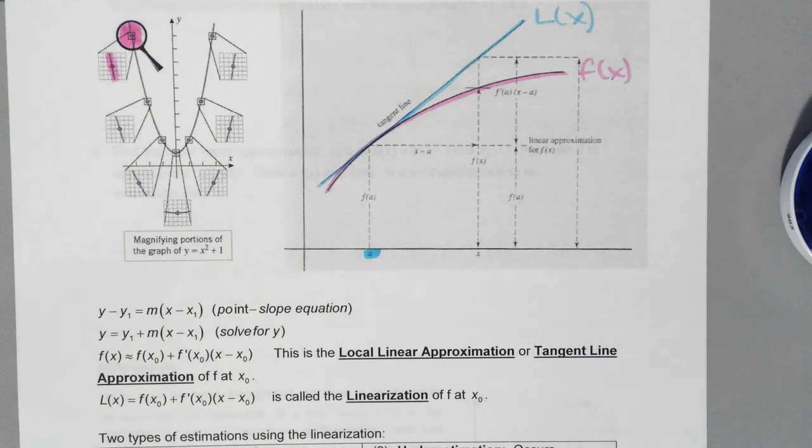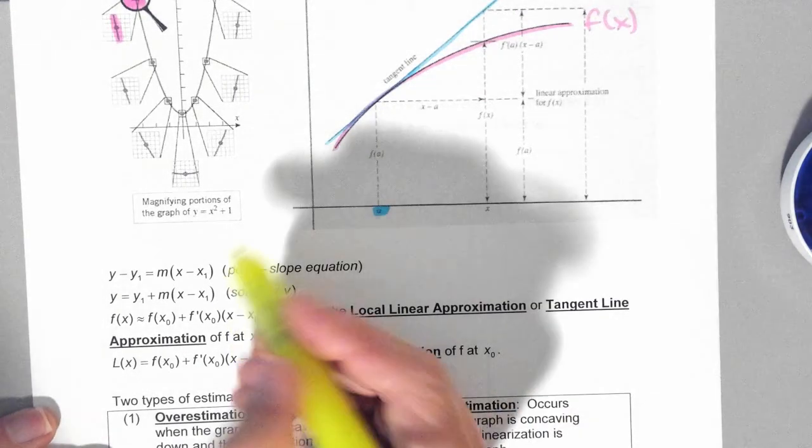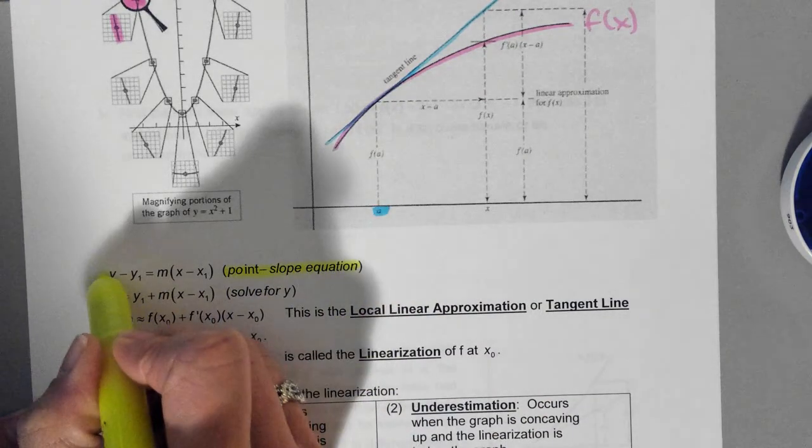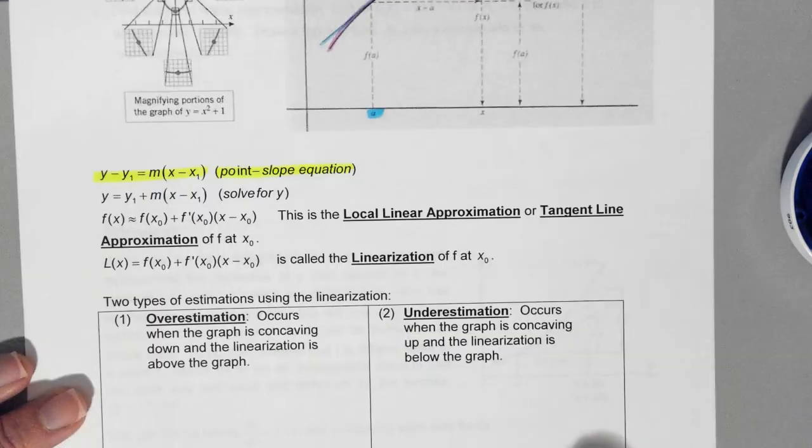So I'm going to give you all the steps, which actually, you guys have done this before. This is nothing new from Unit 1. I asked you, if we wanted to find an equation of a line that was tangent to a curve at a given x value, we could totally do it. You told me exactly what to do. So these are the steps. You have the point-slope equation. This is what you want to use.